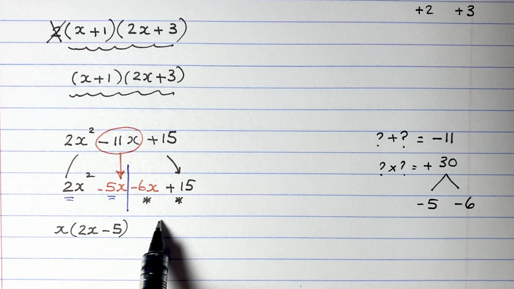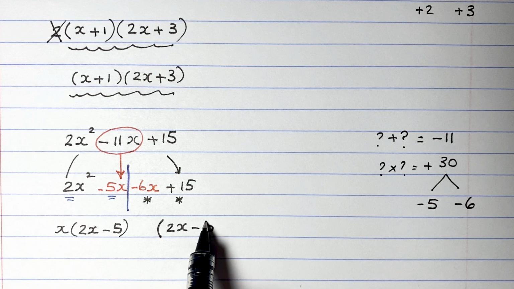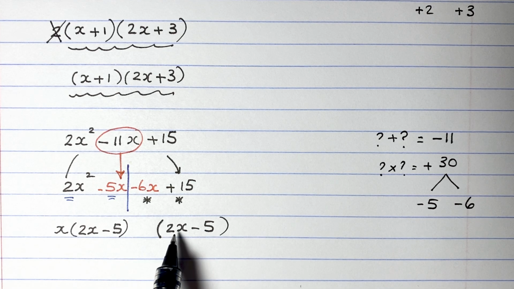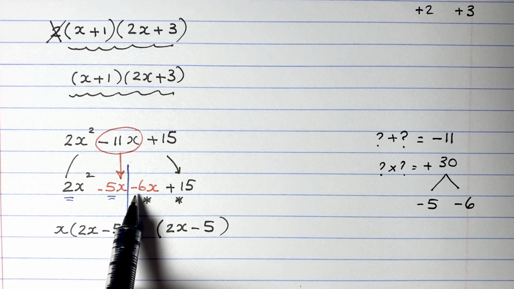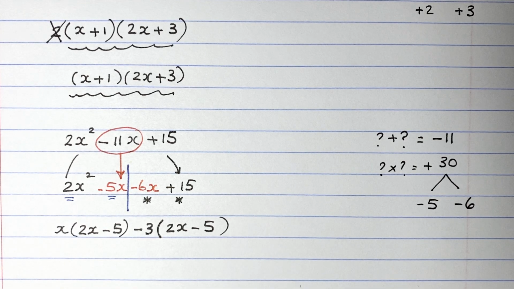So I would write the bracket that I want to achieve, and I put a number here. So when I times by 2x it creates minus 6x. So that's going to be minus 3 then. Minus 3 times 2x is minus 6x, and minus times minus is plus, 3 times 5 is 15.